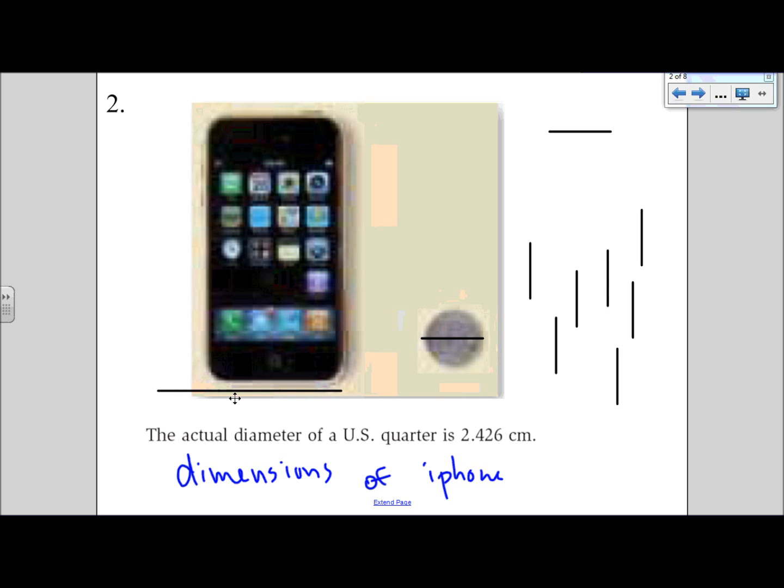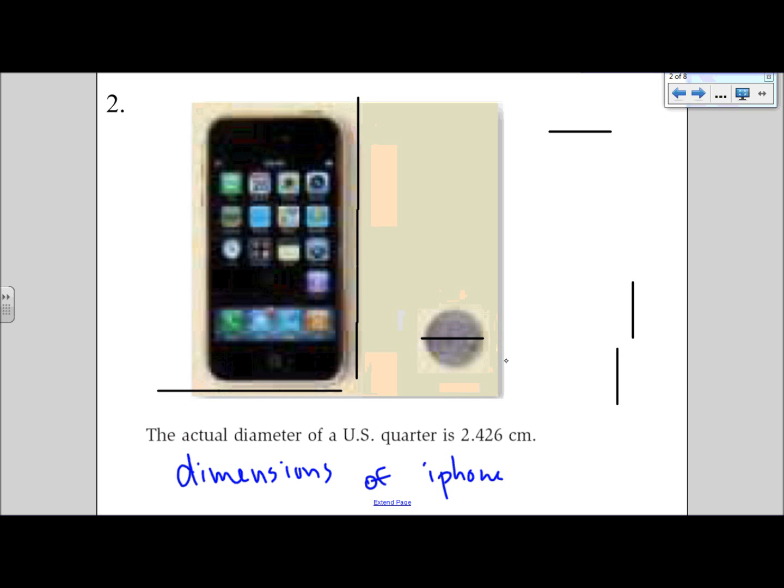It looks to be about 2 1/4. Quarter, get it. And then we have 1, 2, 3, 4, about 4 3/4 with its height.